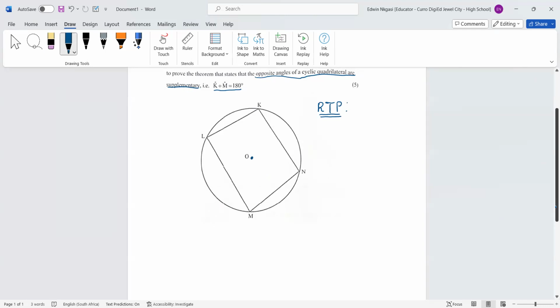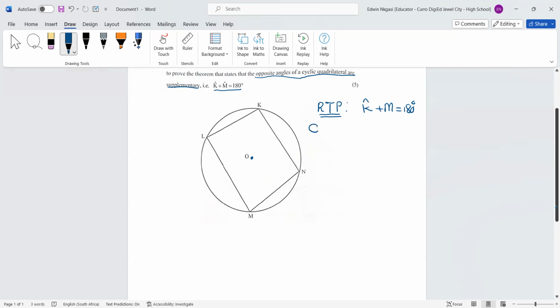So this is your end point. What are we required to prove? We are required to prove that angle K plus angle M equals 180 degrees.